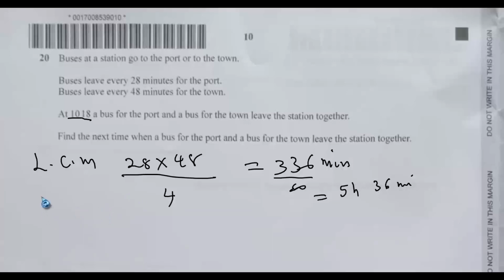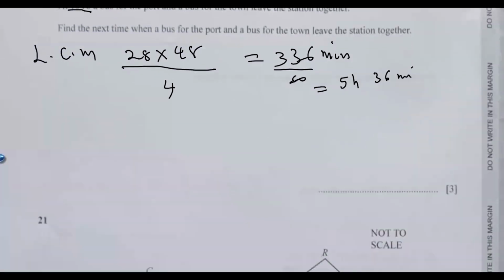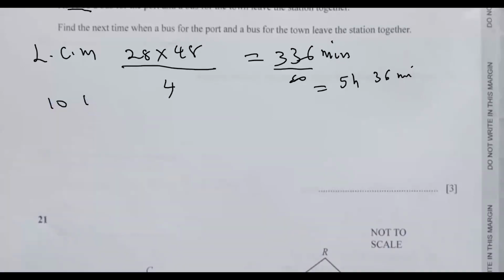So let's add this to 10:18. Let's scroll down a little bit to have more space. So you have 10:18, and we want to add 5 hours and 36 minutes. 18 plus 36 will be 54 minutes, and 10 add 5 will be 15.